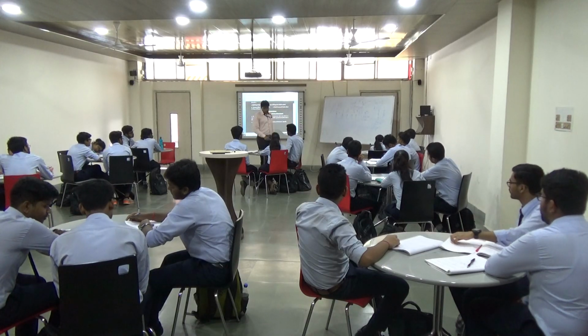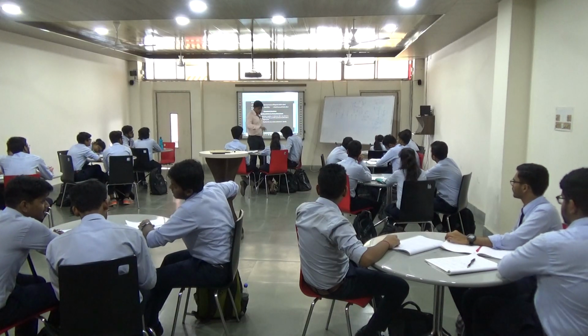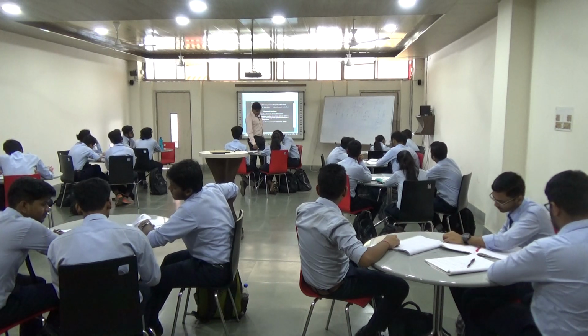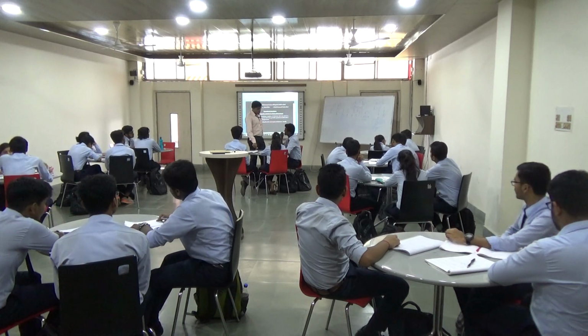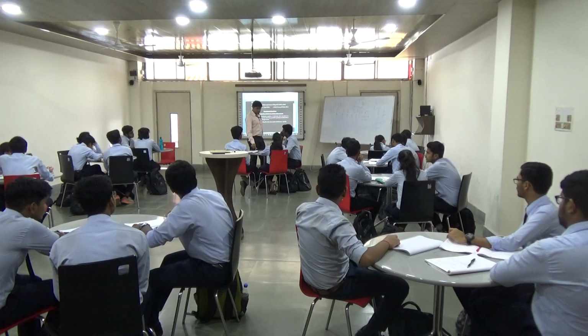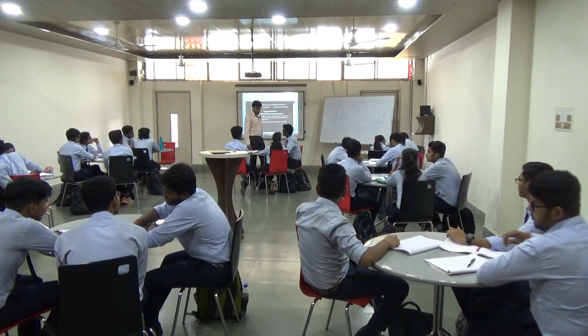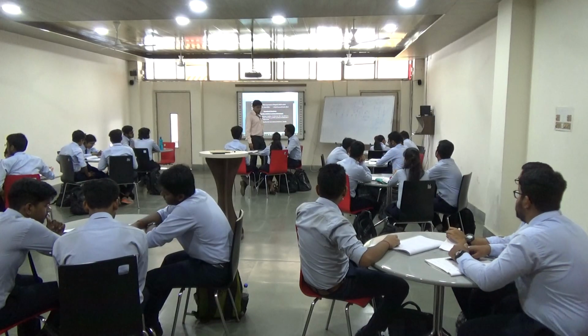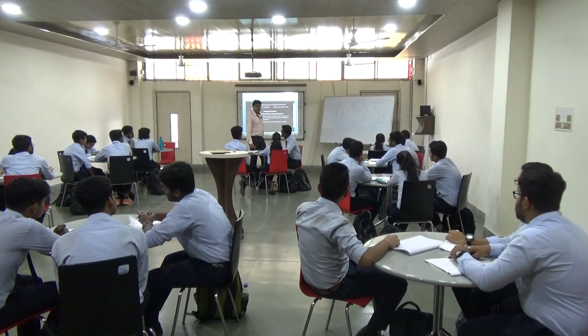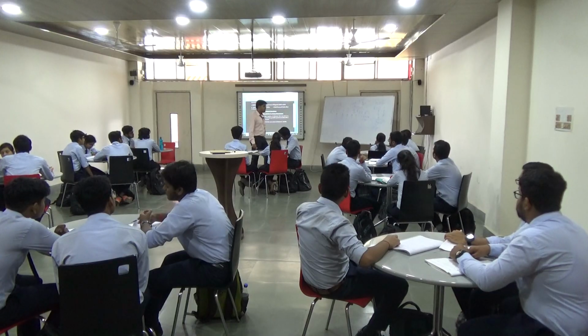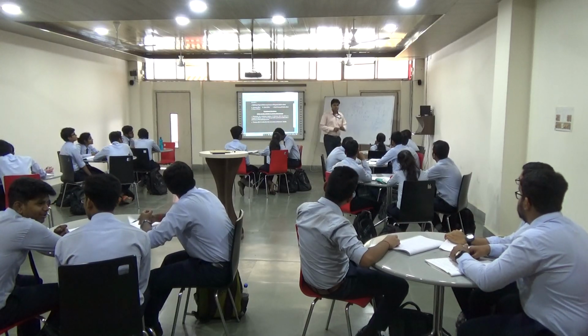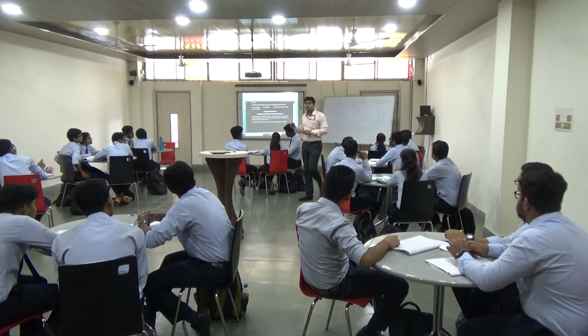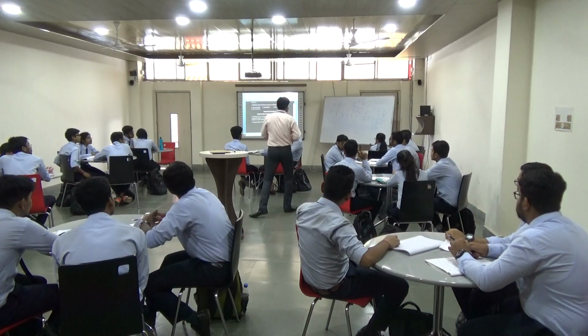You need to explain that. Then n equal to 5, so 2 times 25. So is it right or wrong?